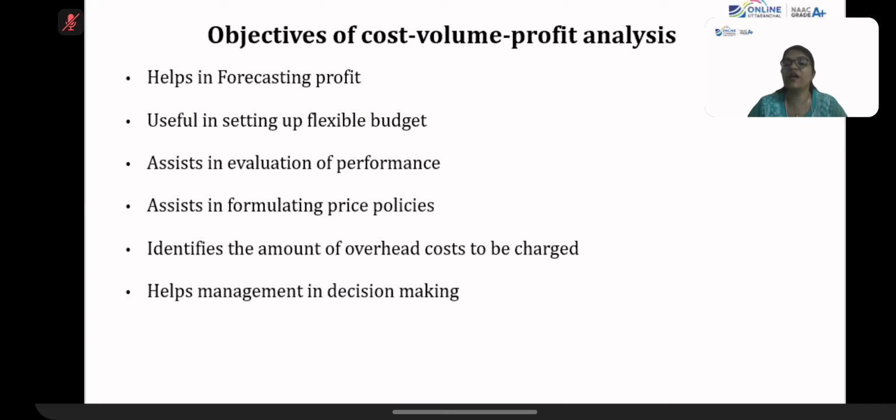If variable costs are 30 per unit, fixed costs are 20,000. So the company can calculate, students, its profit at different sales volumes, forecast how increasing or decreasing sales will affect the income. Okay.